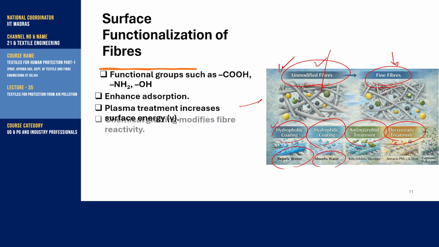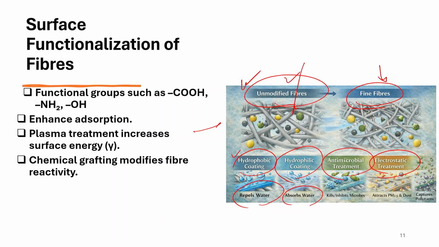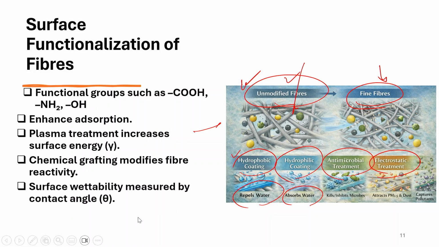Chemical grafting we can do to modify the surface structure, surface reactivity, where it can kill the microbes, different types of chemical grafting we can do. Surface wettability we can increase, and that can be measured by a contact angle.